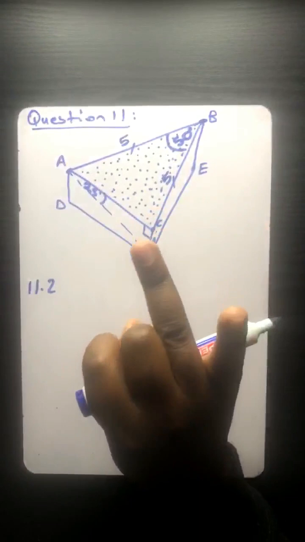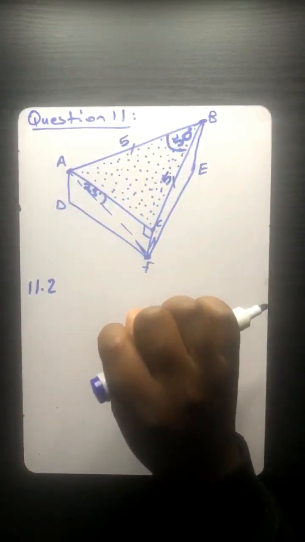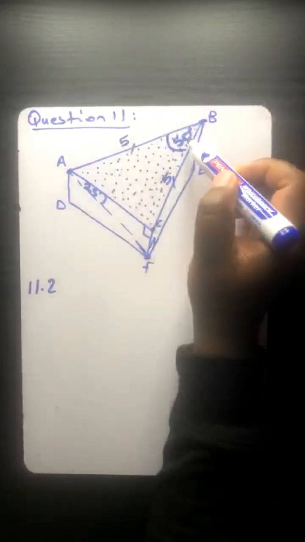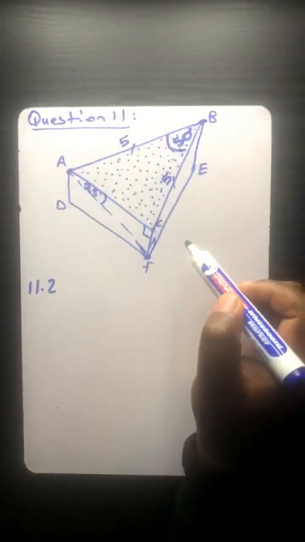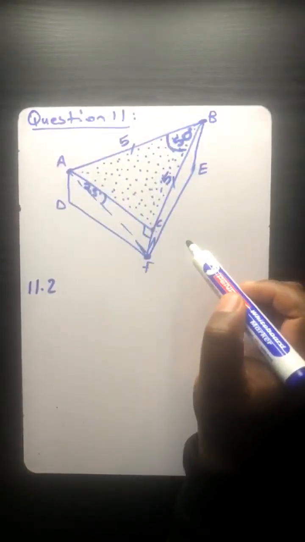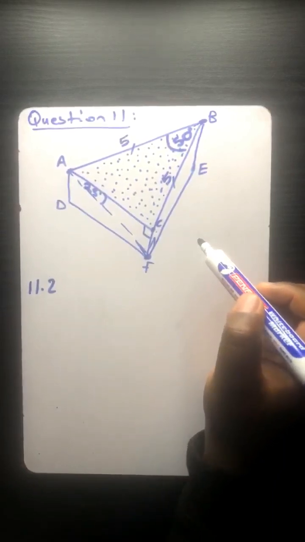That means it's either the cosine rule or the sine rule. Then you ask yourself, I've got a side, I've got a side, I've got an angle, and what they want is the side, meaning I'm going to have more sides. In that case, which rule? Obviously the cosine rule.